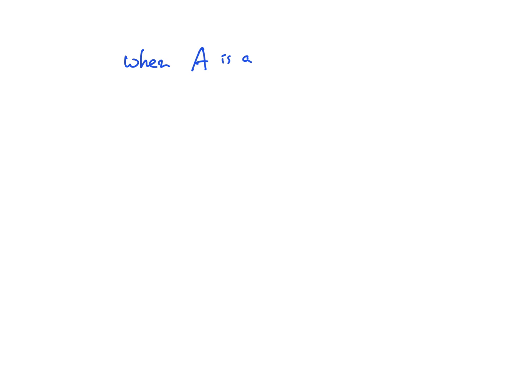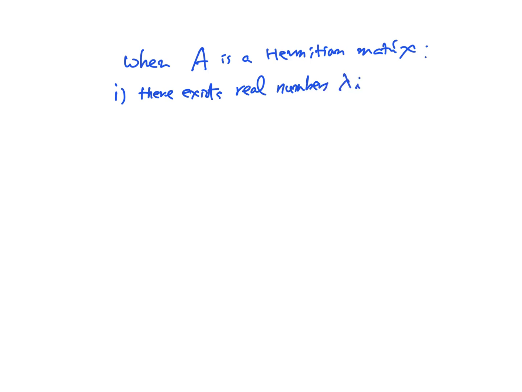A is a Hermitian matrix. Then there exist real numbers lambda 1 through lambda n and an orthonormal basis E1 through En, such that A times Ei equals lambda i times Ei.